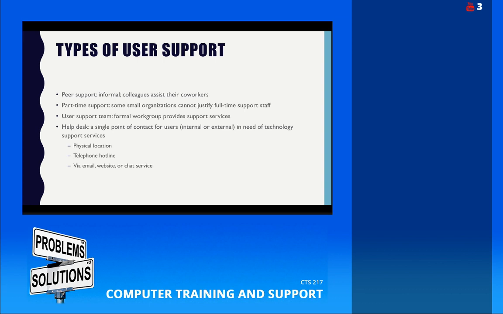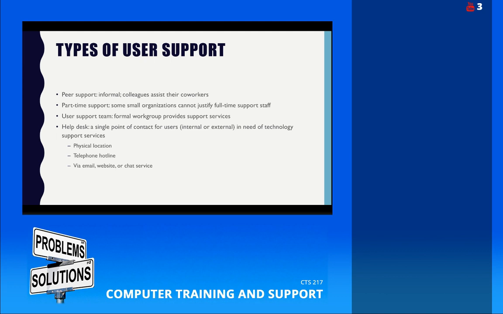So our help desk here services both internal and external clients. Some help desks only service internal clients. Some help desks only service external clients. Companies might even choose to compartmentalize help desks. So they have a system set up where they have a help desk for internal and a help desk for external.